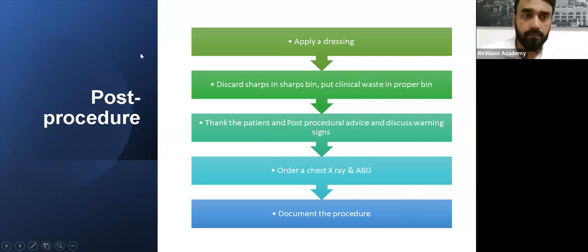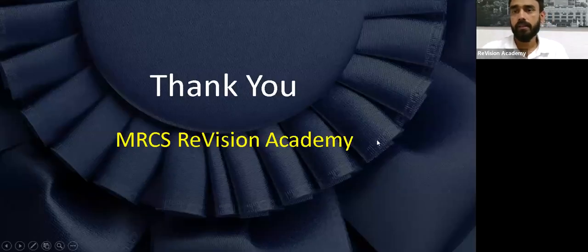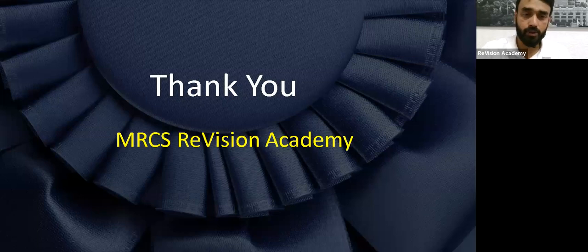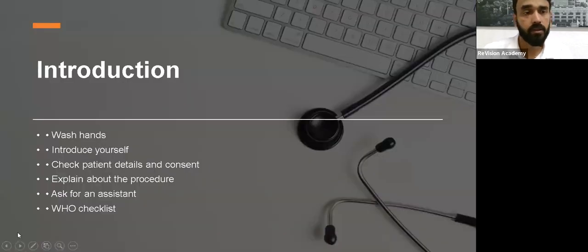And then we can go to the next, the triangle of safety, you know that. So these are the things you should remember each and every time you are doing any procedure. For any procedure skill, the first thing you have to remember is the introduction. So the checklist is important. The examiner never gives full marks for your procedure skill.